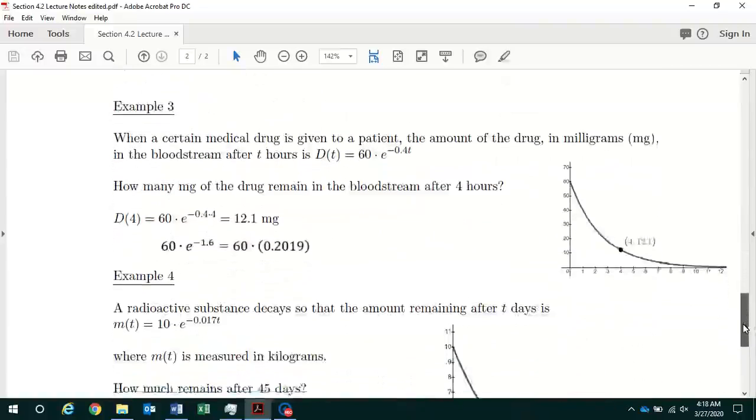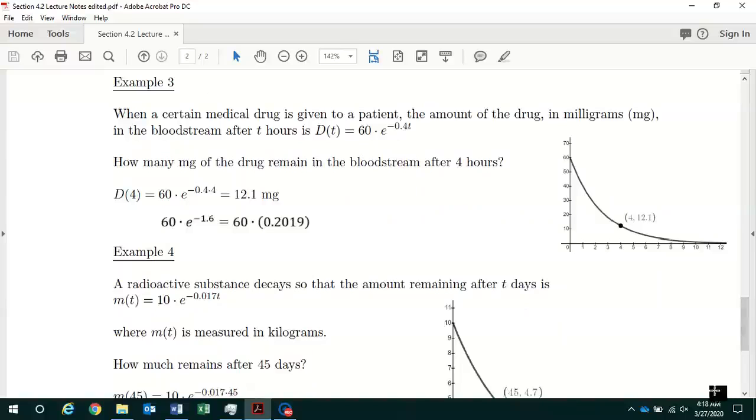In example 3 down here, we have a word problem involving the natural exponential function. We're told when a certain medical drug is given to a patient, the amount of the drug in milligrams in the bloodstream after t hours is given by this function. D of t is equal to 60 times e to the minus 0.4 t power. And you're asked how many milligrams of the drug remain in the bloodstream after 4 hours.